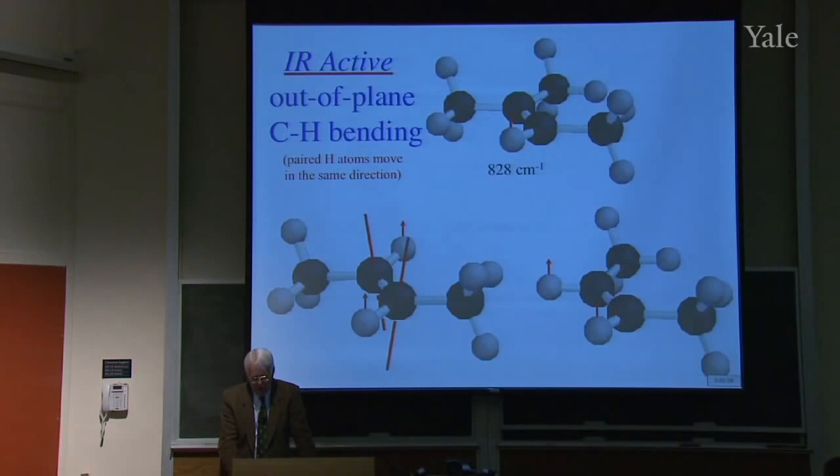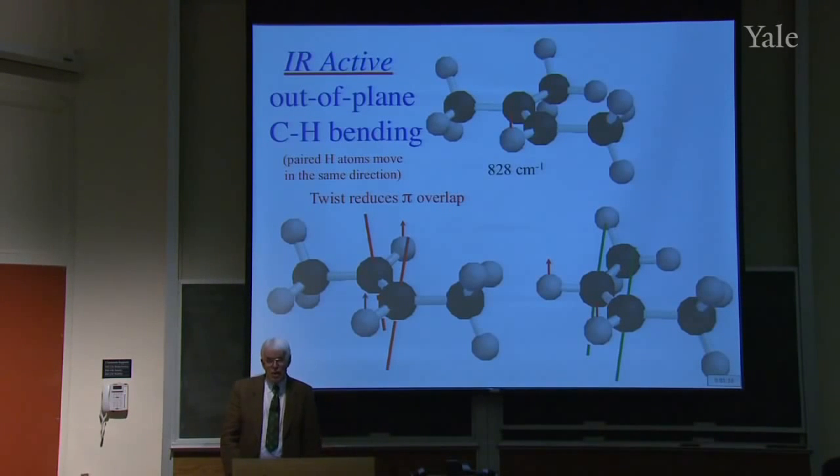This one, notice that when they both move up, it twists the bond. See how it twists the center carbon bond when the two hydrogens move up? So that reduces the pi overlap. It weakens the pi bond when those p orbitals don't overlap as well. But on the right, when they both move the same direction, the p orbitals still point so that they overlap with one another. So the one on the left is harder to do because it weakens the pi bond.